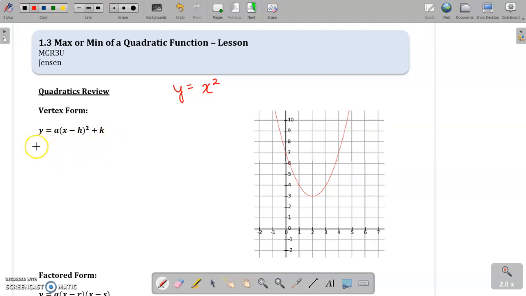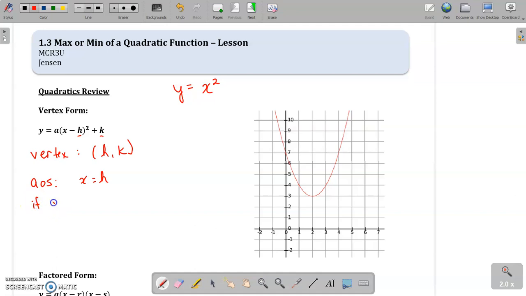The information we can get from it is the vertex, where the vertex is your h and your k coordinate. The axis of symmetry, the value that splits it in half, would be the x coordinate of the vertex. So we would say x equals h.